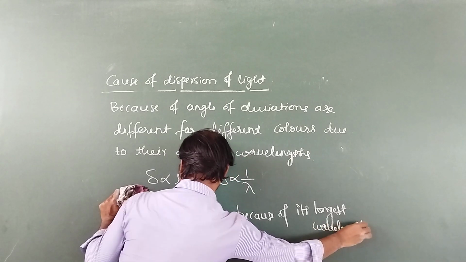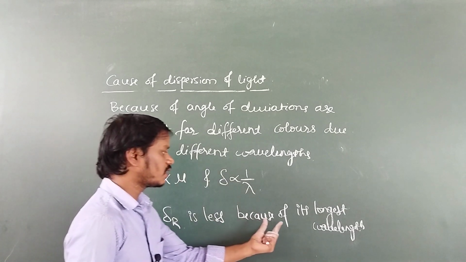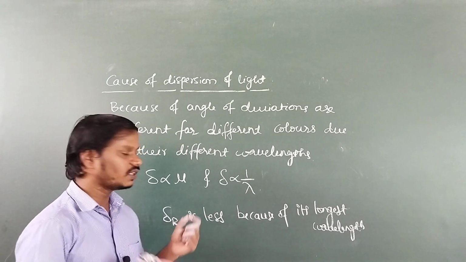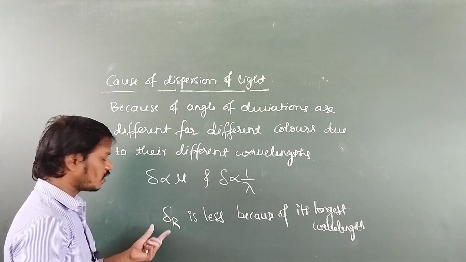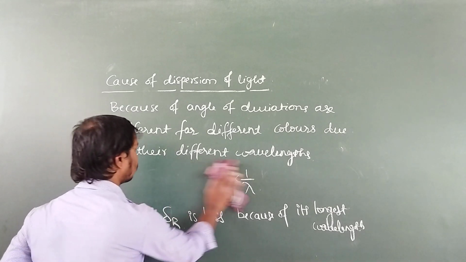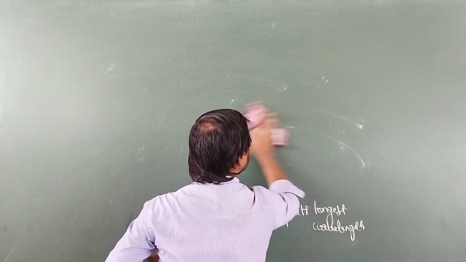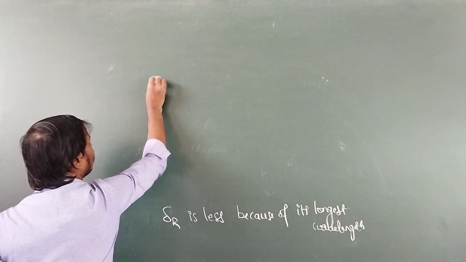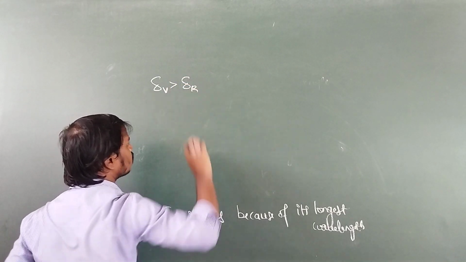And similarly, delta V is more because its wavelength is shortest, meaning the wavelength of the violet color is short. Now lambda R is greater than lambda V, or lambda V is less than lambda R. Okay.